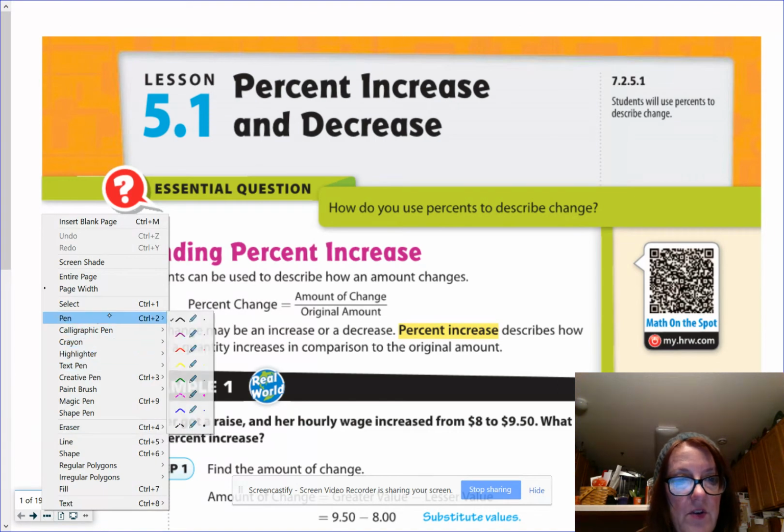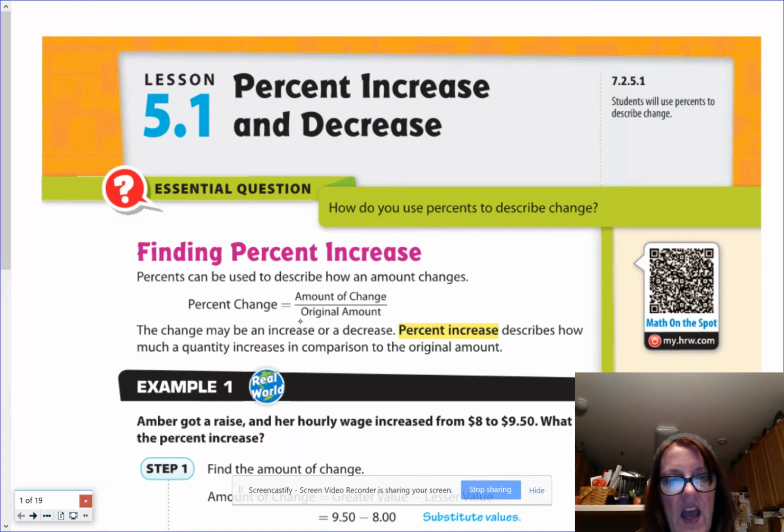Put that in the numerator. Then in the denominator, put the original number. Once you have that fraction, you can turn it into a percent, by way of a decimal and moving two spots. If my starting point to my new number is increasing, you call this a percent of increase. So let's figure this out.